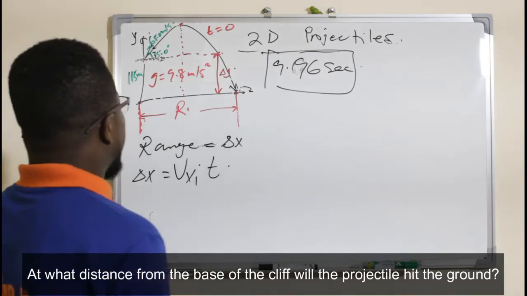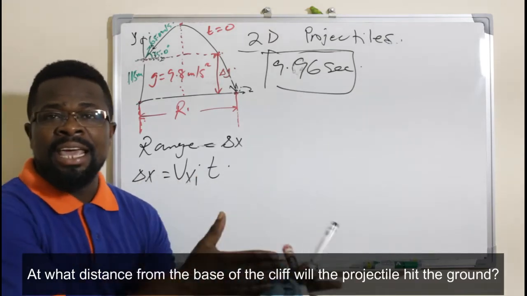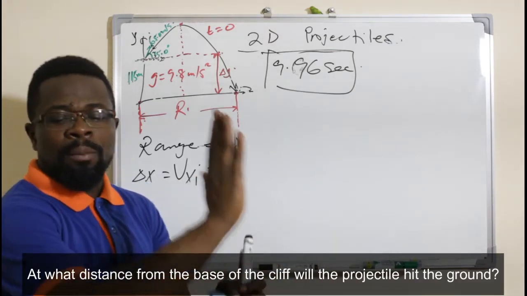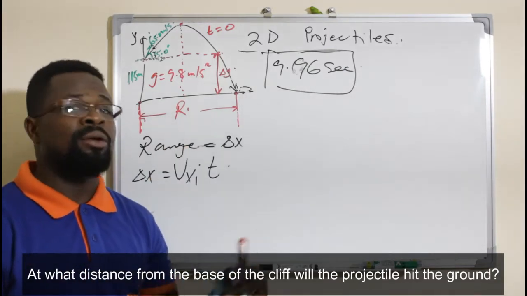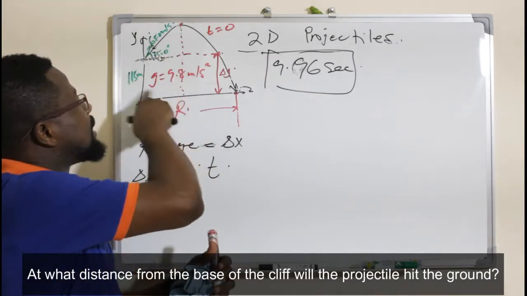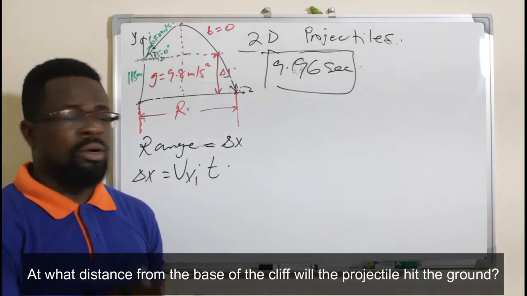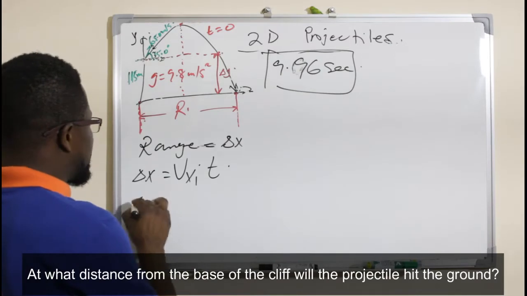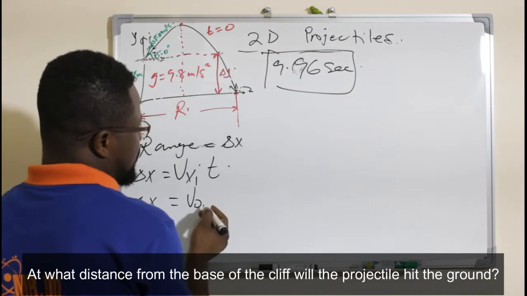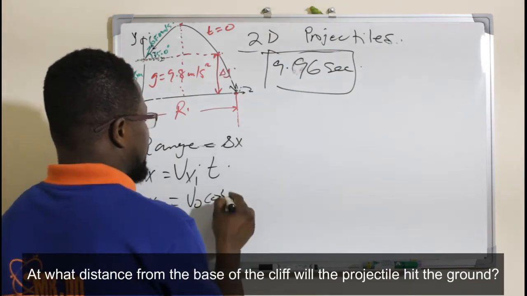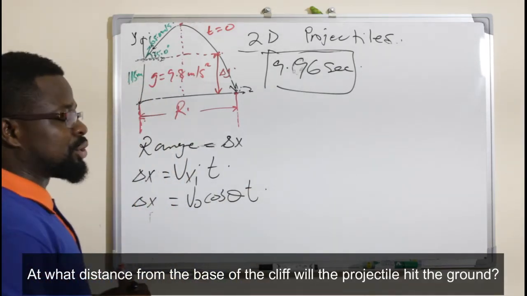Alright. If I do that, what is this vxi that I'm going to make use of? The vxi is the x component of the velocity, which we have already worked with before. That is the initial velocity in the x component. And remember, that is V naught cos theta. So let's go on and make use of that. So change in x can simply become V naught cos theta multiplied by the time. And now I am going to do the substitution from there.